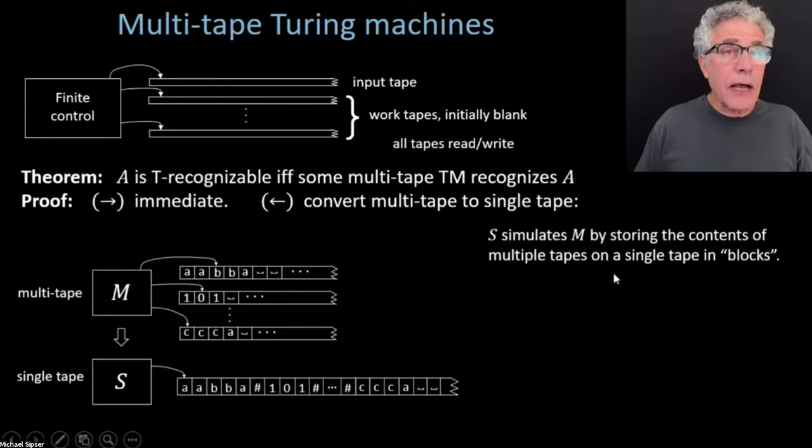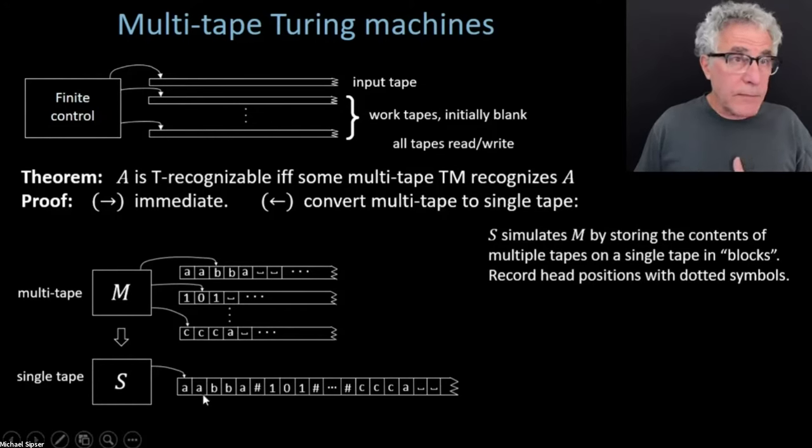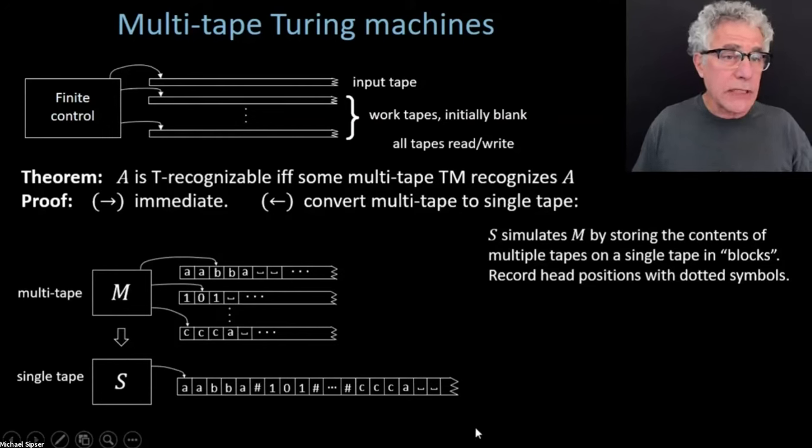Okay, so now how do the actual steps of the simulation by the single tape machine go? First of all, besides storing the contents of each of the tapes in S's single tape, there's some additional information that it needs to record.